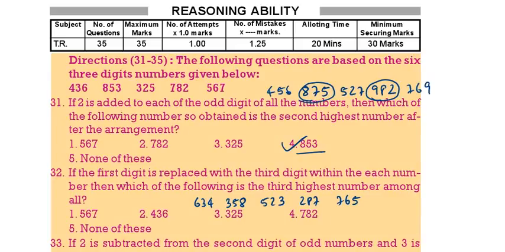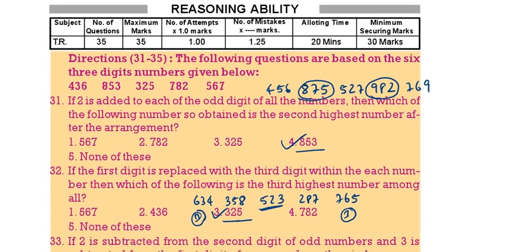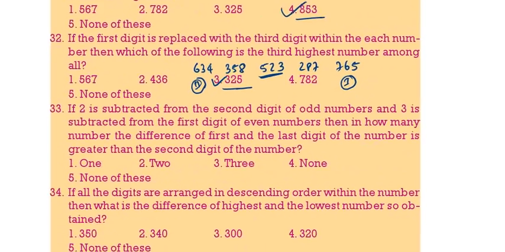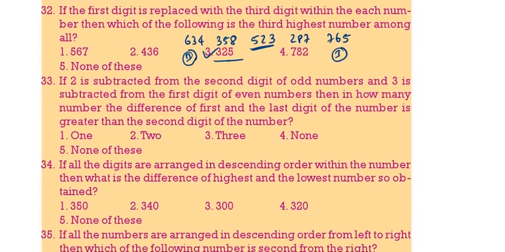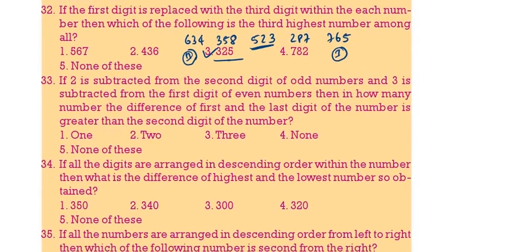Then which is the third highest number? The first highest number is 765, the second is 634, the third is 523, the original number for this is 325.